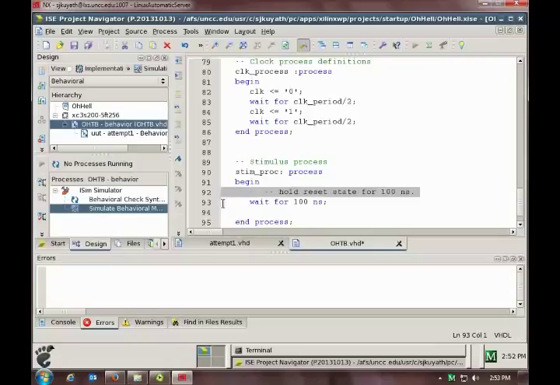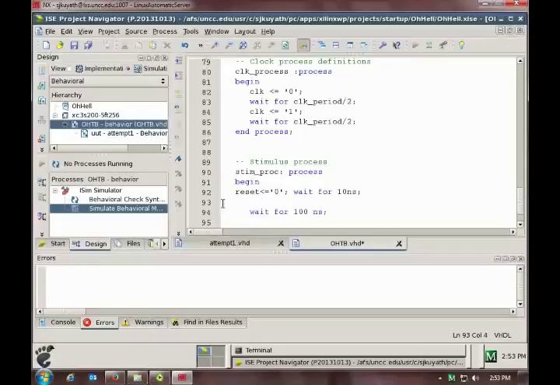is say reset is assigned 0; wait for, let's see, it's 100 nanosecond period, so I'm going to say wait for 10 nanoseconds, and then I'm going to come down here and say reset is assigned a 1.